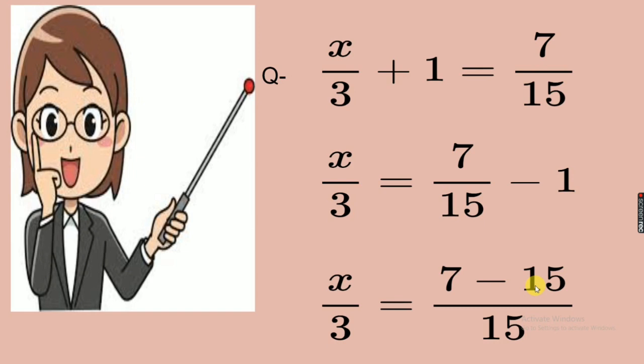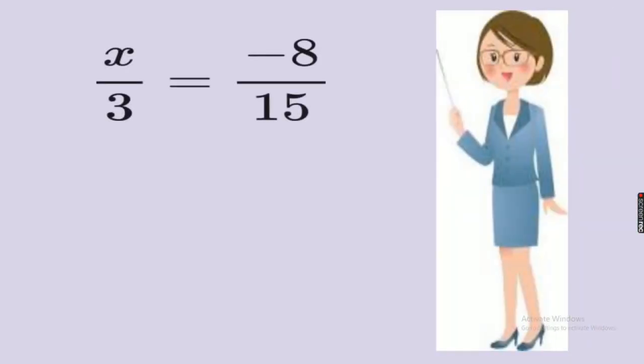Now subtracting 7 from minus 15, we got minus 8. So we can write x upon 3 is equal to minus 8 upon 15.